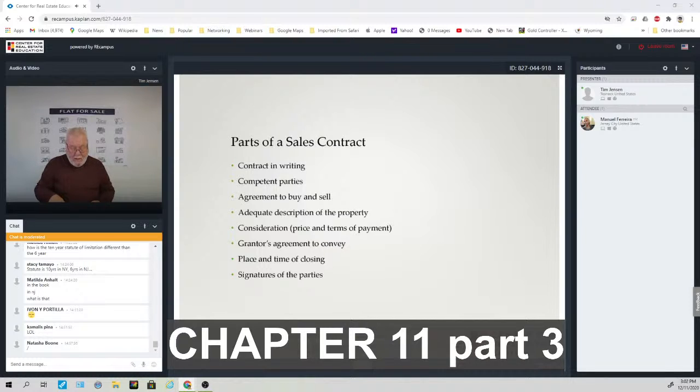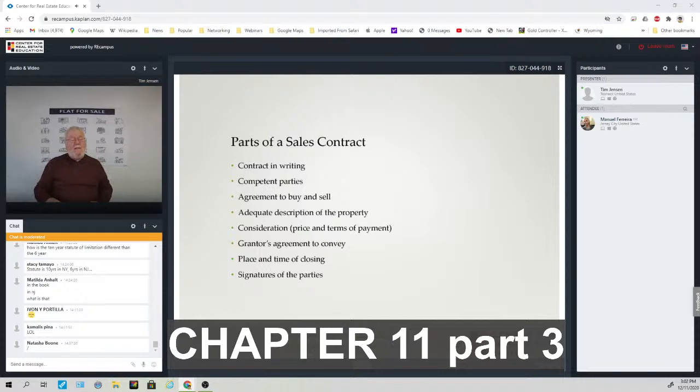You must use the lot and block number as well as the street address along with the town and county location as an adequate description for our contract purposes. Then the consideration must be spelled out, the price and terms of payment. Right under that, it says purchase price, and then you would fill in what the contract purchase is.